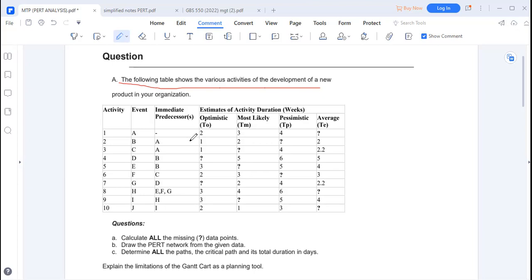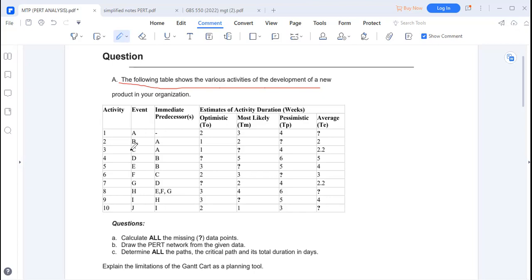So we have the activities, activity 1 through to activity 10, with events A, B, C through to G. Then we have the immediate predecessor, which simply means the activity that was done before the other activity. A predecessor is somebody that was there before you got a job.